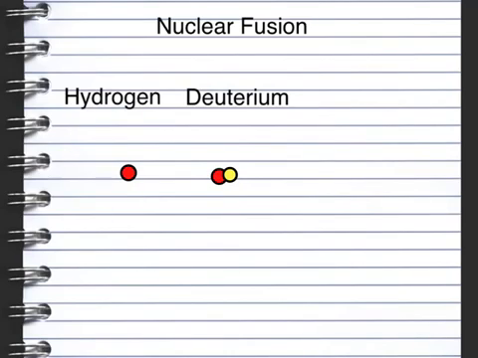So what happens during nuclear fusion? During nuclear fusion, the two nuclei overcome their electrostatic forces and they combine. So now the hydrogen and the deuterium have disappeared, and what we have is a nucleus of helium. You'll notice here that we've got the two protons that allow it to be helium, but we've only got one neutron, which means this is an isotope of helium.